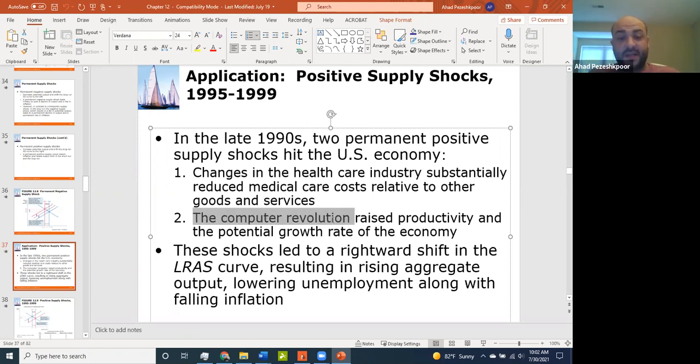But then the computer revolution. In the 1990s, an industry was added to all the existing industries, and that was the tech industry: the internet, computers. Everything that we had before, we still have.